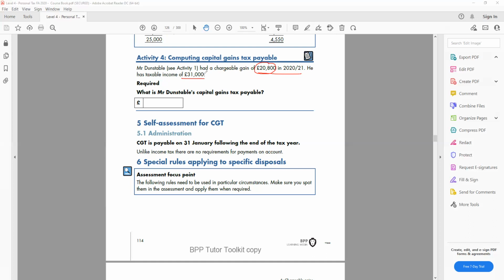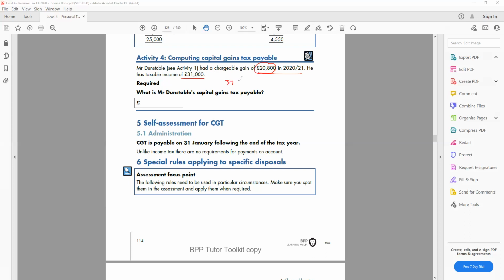As I said, always remember the basic band threshold, because the basic band threshold is 37,500. Any remaining amount will be charged with the 10% capital gain tax. Here his taxable income could be from employment or anything, 31,000.